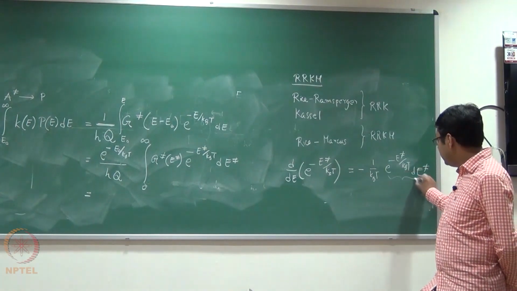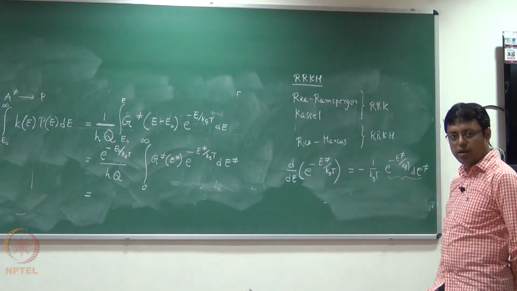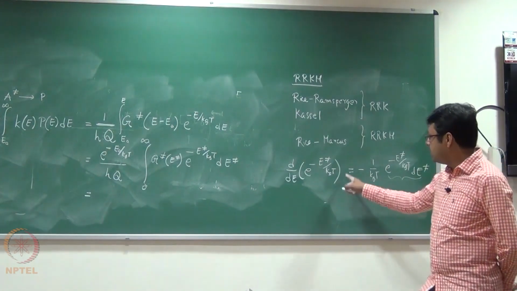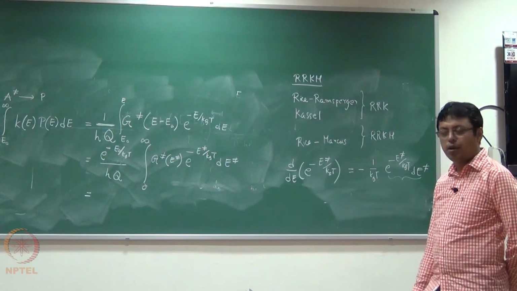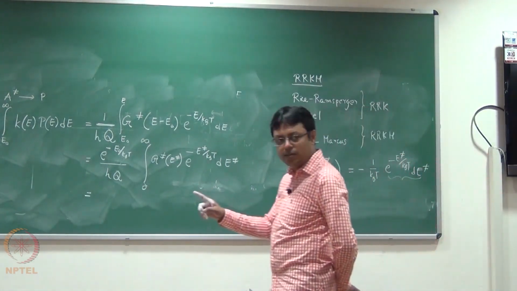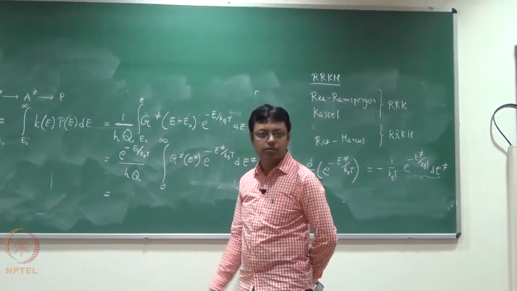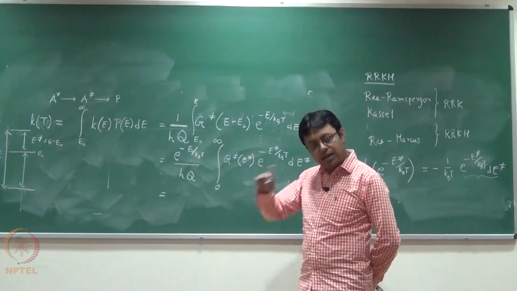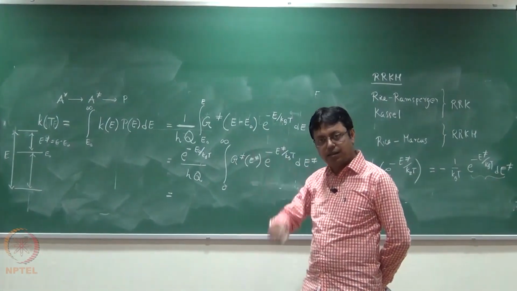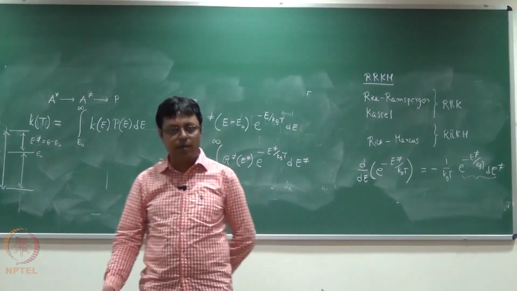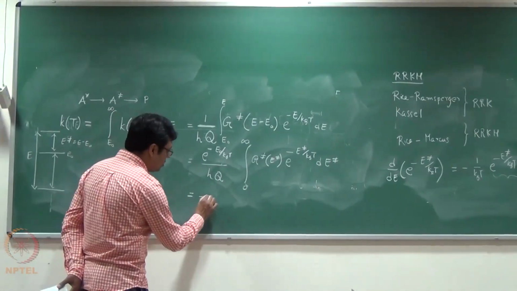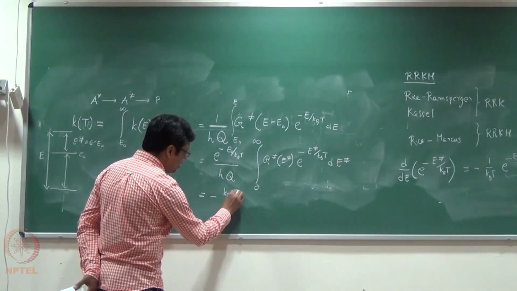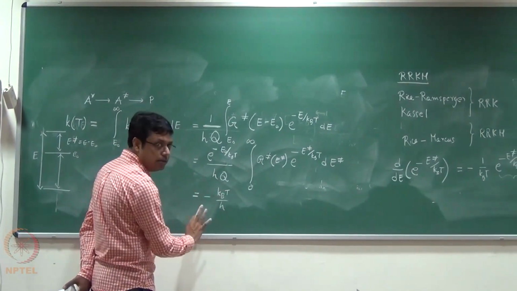So this I could have written as this multiplied by minus kBT. Why am I doing it? Because now I will have a kBT by h factor here, connecting to bimolecular transition state theory. But there is a minus sign, don't forget about it. So there is a minus sign of kBT by h. Fine, I have taken care of the kBT by h term.